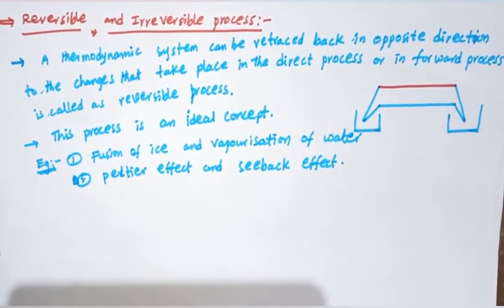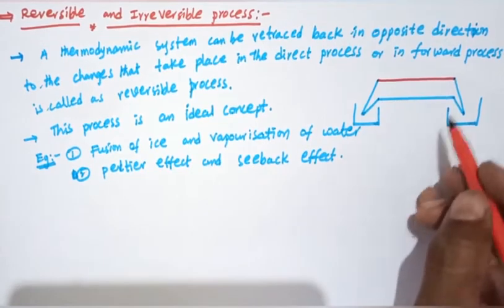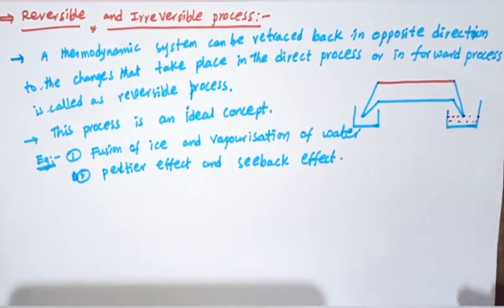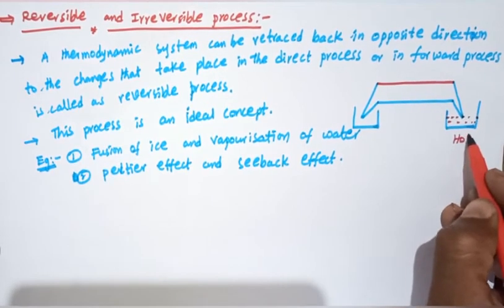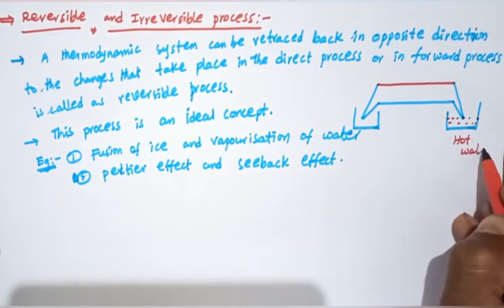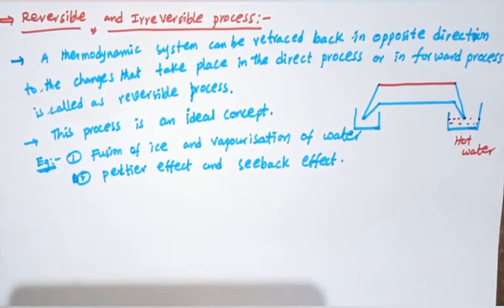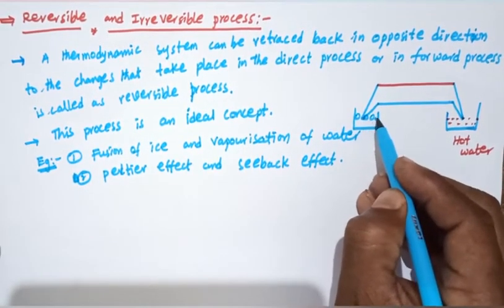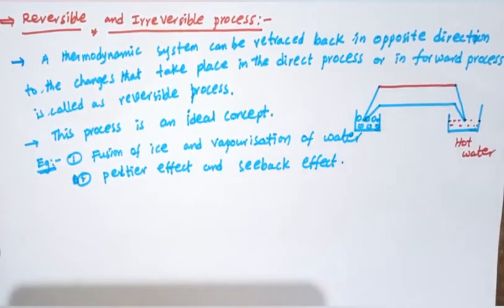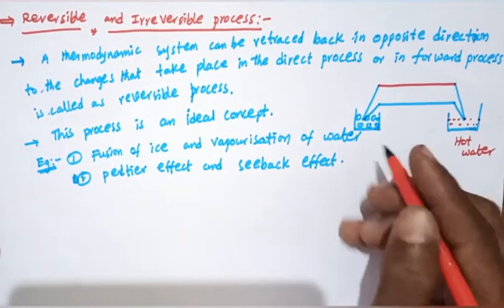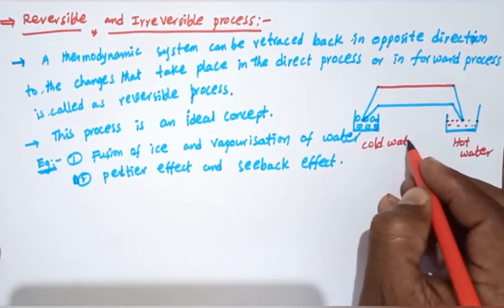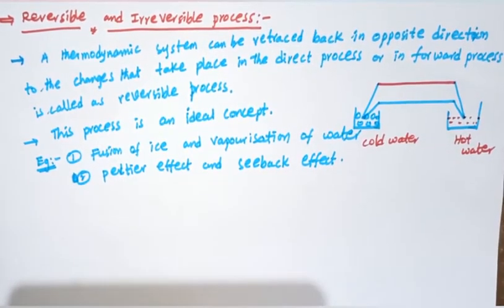So there are two junctions. At one junction we take hot water, and at the other we can take ice cubes, so here it is cold water. Hot water and cold water.